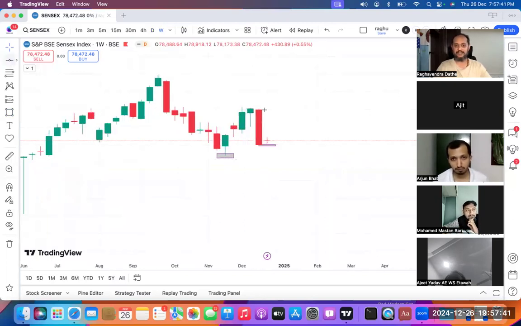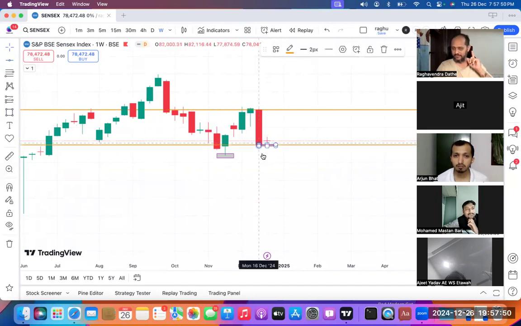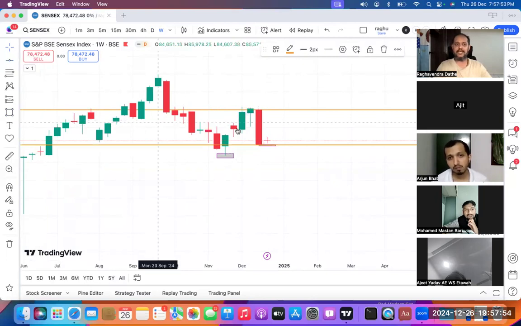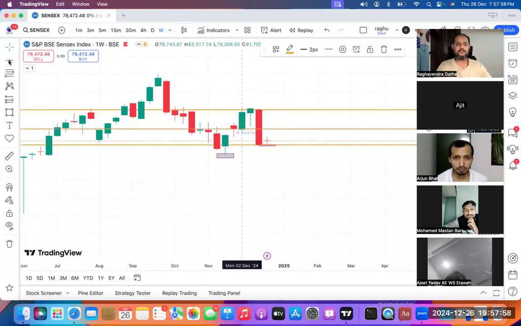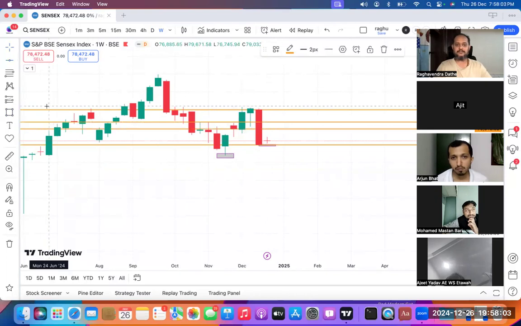I took two weekly levels, the top and bottom of this particular week. Within this week, I have a support and resistance, which I am marking as per the price action rule. Now I got my range.